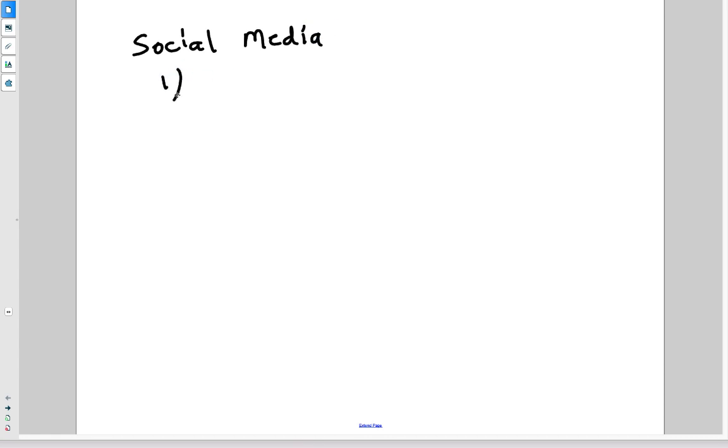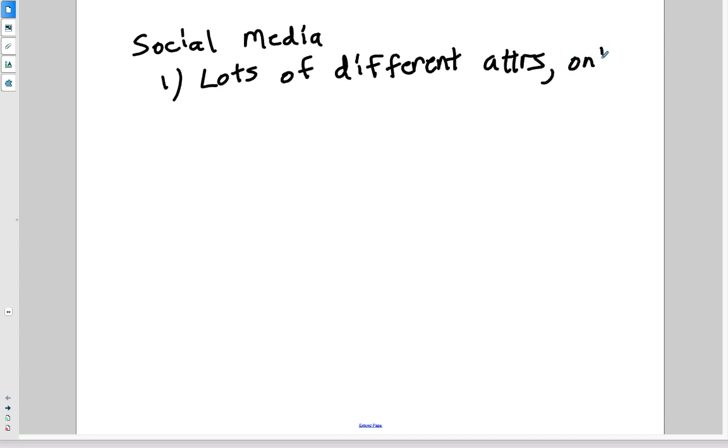Things that are different, you might have lots of different attributes. I'm going to abbreviate attributes this way. Lots of different attributes, only some of which are in each document.